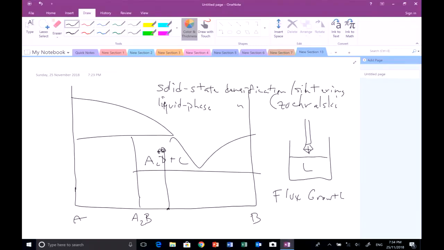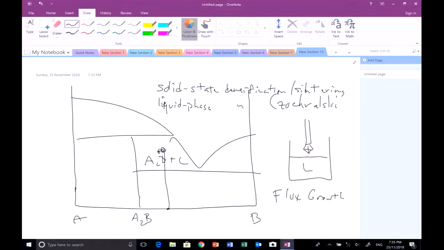So getting a little bit of liquid is a big advantage if you can control it. And this is what we call liquid phase densification. We might have up to 20% liquid. We might need only a couple percent. It depends on the system. Sometimes these liquids are glass, and they're there afterwards. If we generate a little bit of liquid, we can have liquid phase densification.